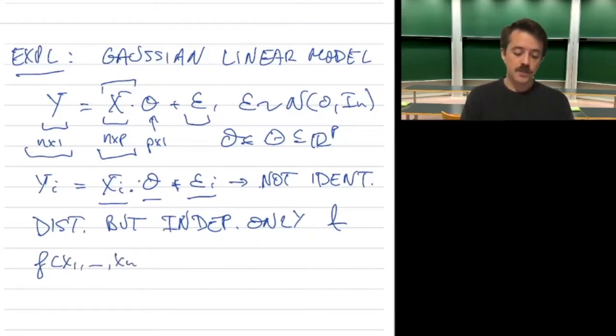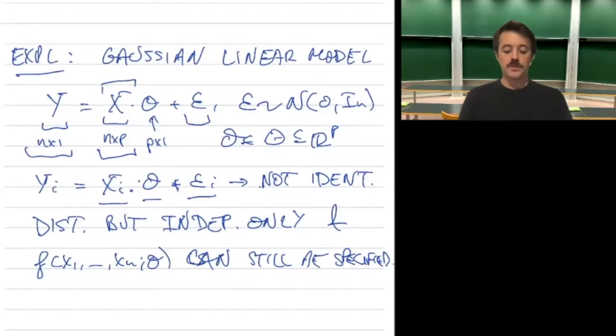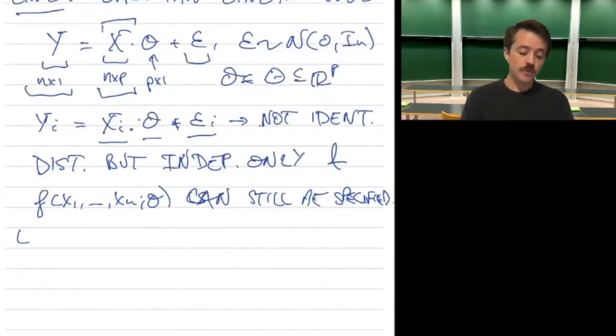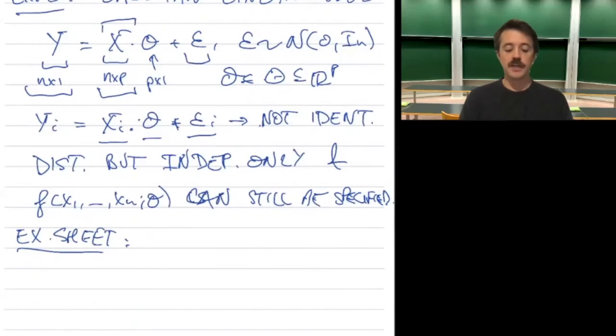So this can still be specified, and we can therefore, as I just said, define the likelihood and the maximum likelihood estimator.